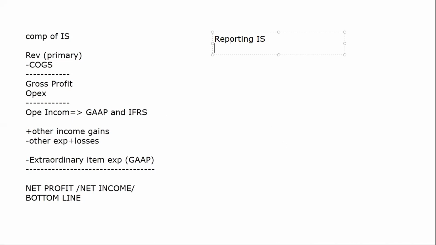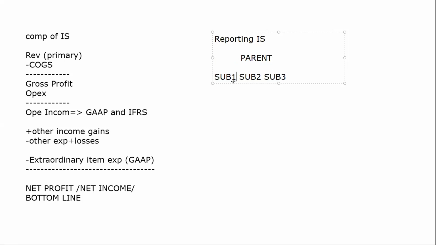Let's say there is a parent company that has subsidiaries, sub 1, sub 2, and sub 3. This parent company has 3 subsidiaries.